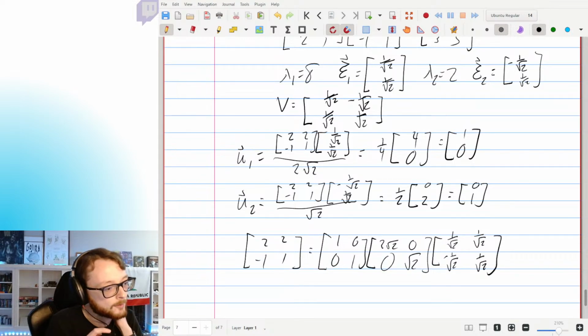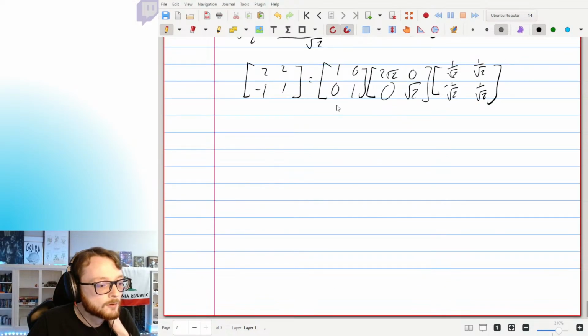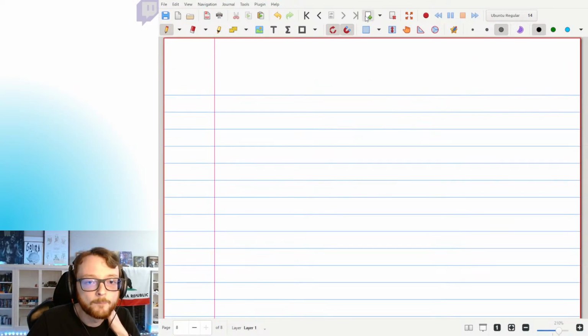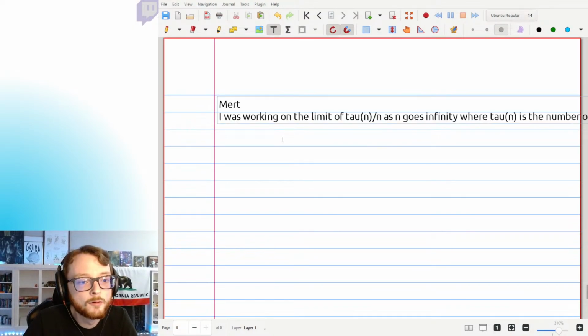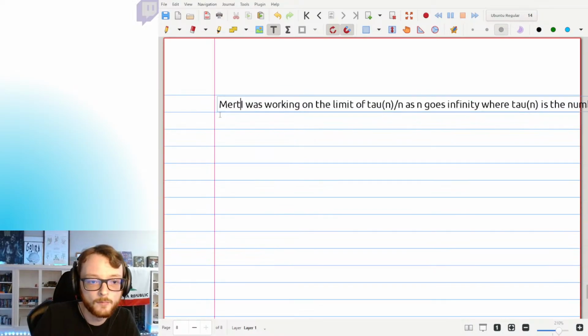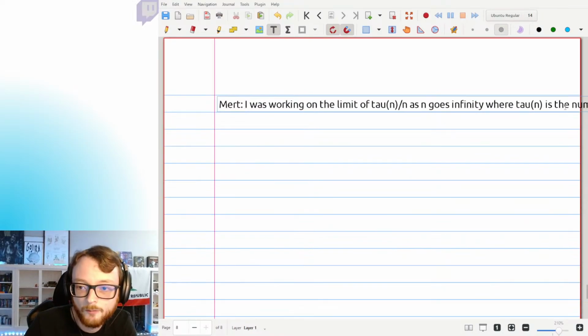Mert, hey Mert. Tau of n over n as n goes to infinity, where tau of n is the number of divisors function. One very basic proof, you're trying to find another proof, more analysis. Let me get this on the screen so people can see it. I feel like we were just talking about this the other day or something.